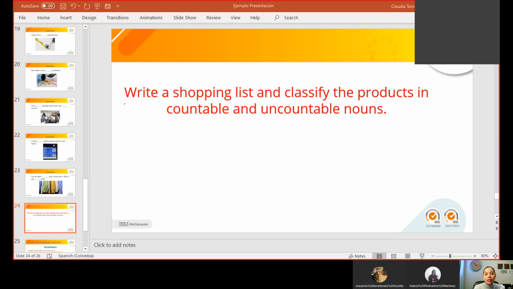For example, let's say that you're gonna buy groceries at the store. To go to the grocery store, some people have a shopping list, and with a shopping list you know which items you have to buy.